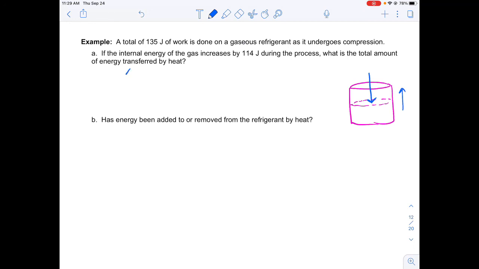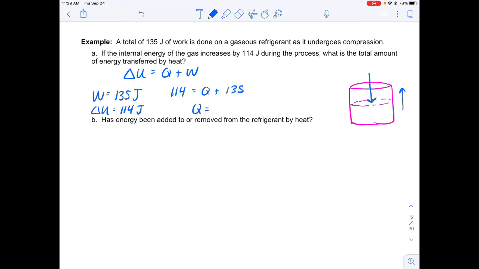So to approach a problem like this, I'm going to use the first law of thermodynamics. The change in internal energy equals the heat plus the work. I'm going to identify my variables. I know that the work is 135 joules. I know that the change in internal energy is 114 joules. And really all I'm going to do is plug in and solve this. 114 equals Q plus 135.